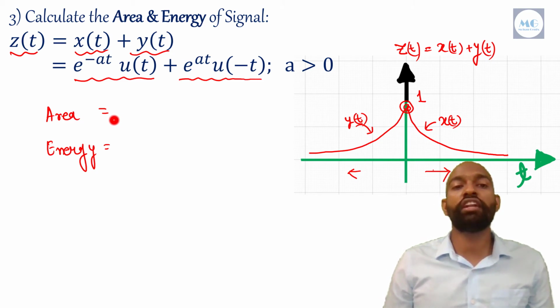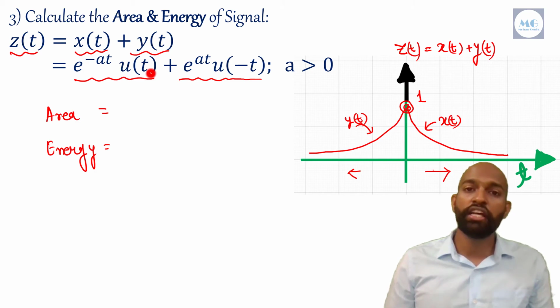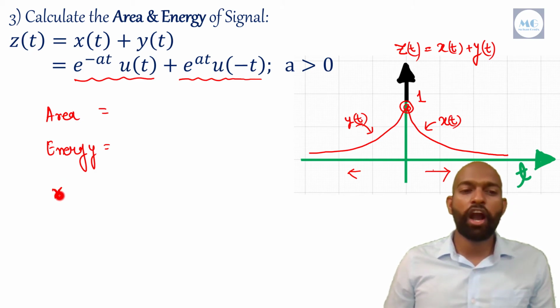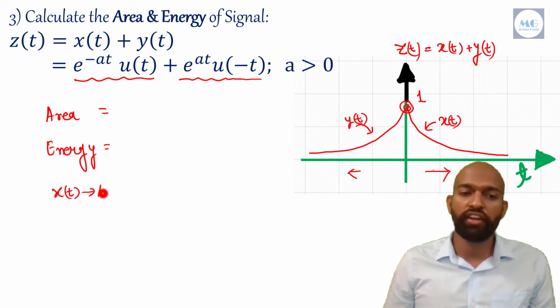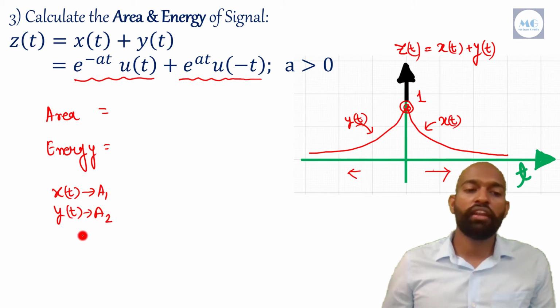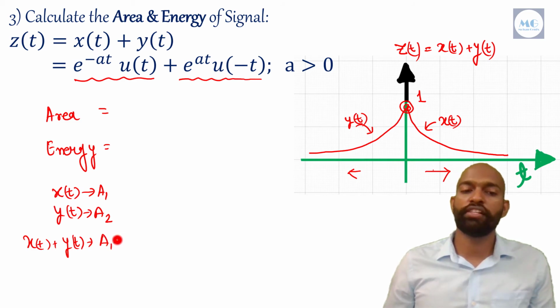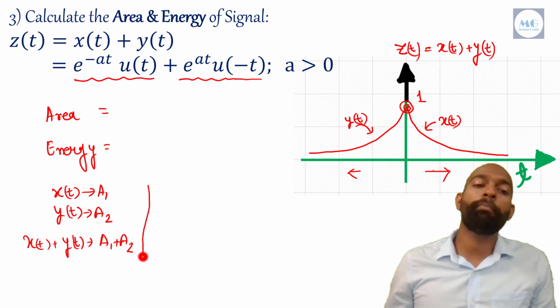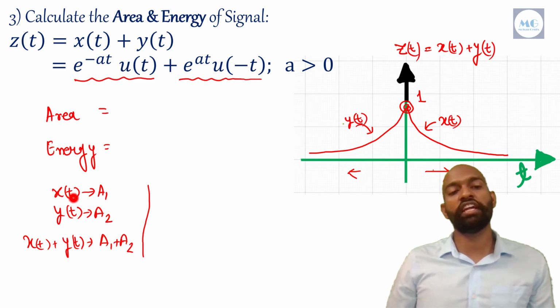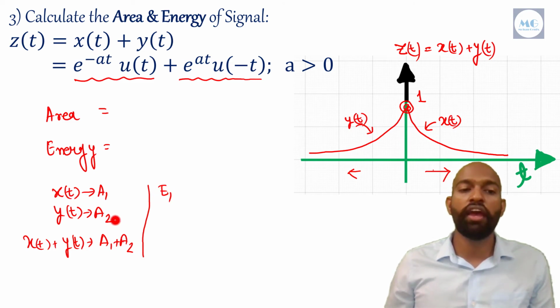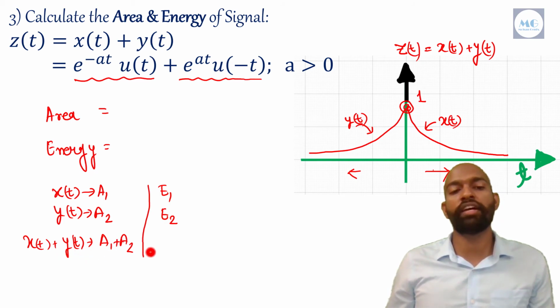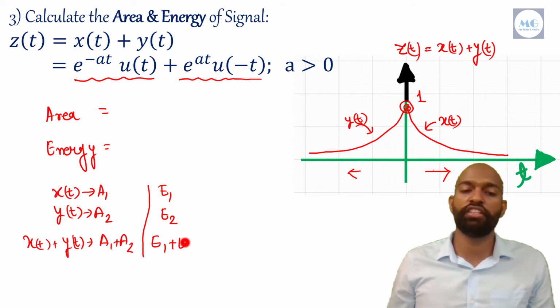Now I will tell you the next property of area and energy, which says that suppose the area of x(t) is A1 and y(t) is A2, then the area of x(t) plus y(t) will be A1 plus A2. It is the same for energy also. Suppose the energy of x(t) is E1 and the energy of y(t) is E2, then the energy of x(t) plus y(t) will be E1 plus E2.